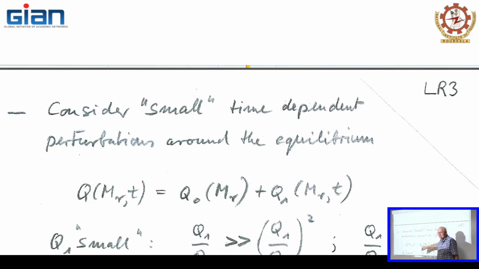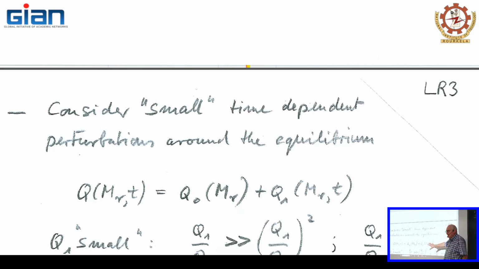This is time independent. These quantities depend only on the mass coordinate m_r, plus a perturbation Q1, which depends then, of course, like the general quantity, both on the spatial coordinate m_r and the time t.